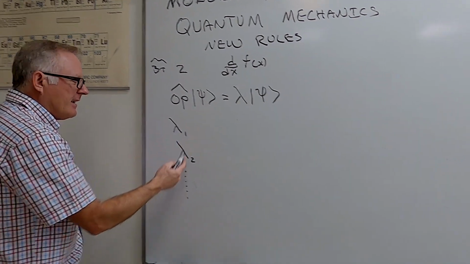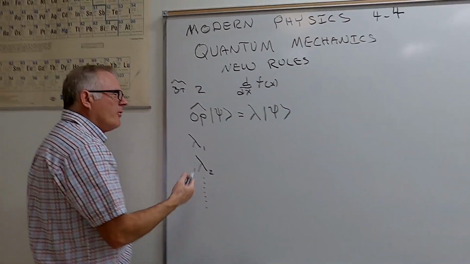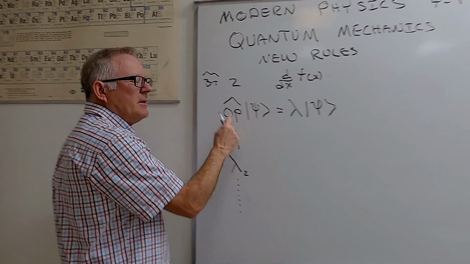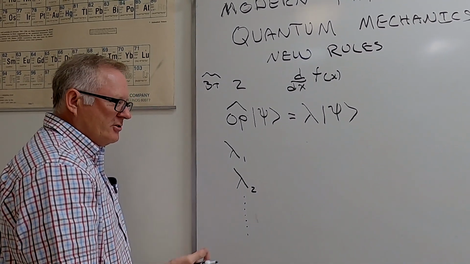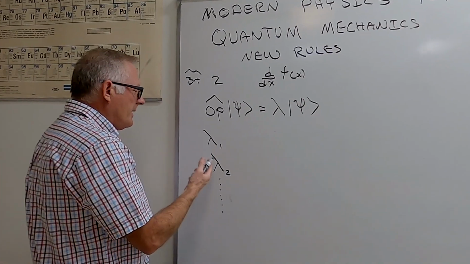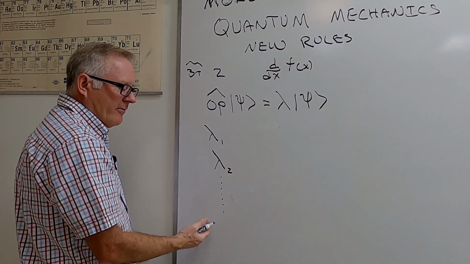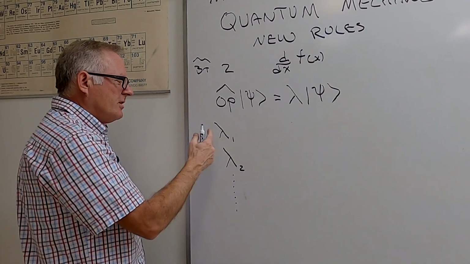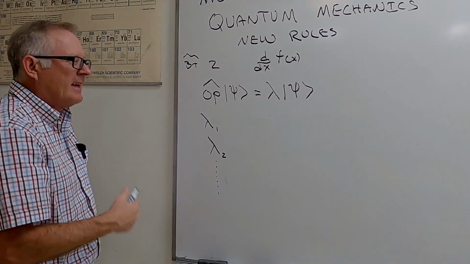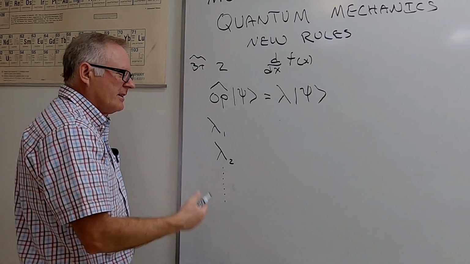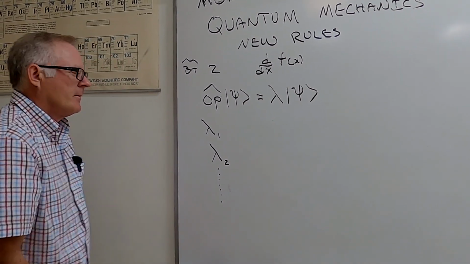What are these eigenvalues? They're everything that you measure from this operator. If you're measuring the energy, these would be all the energies that you could get out of it. If you were measuring the position, these are all the positions that you would get out. These are whatever your answers are for what you're measuring. They're all the possible answers.